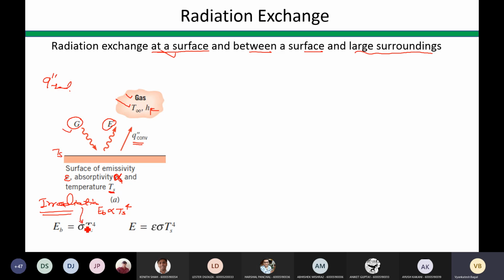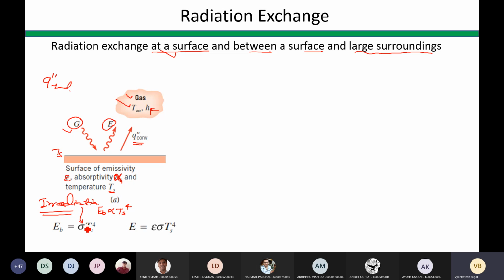What is this sigma? It is the Stefan-Boltzmann constant. This is the Stefan-Boltzmann law, so the proportionality sign is replaced by this constant sigma.